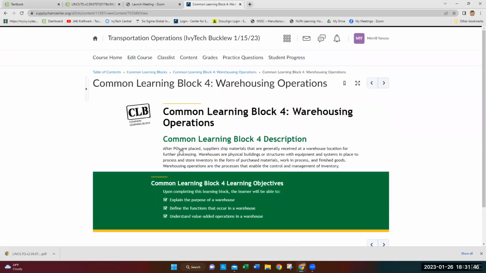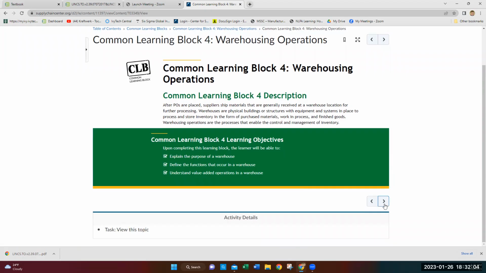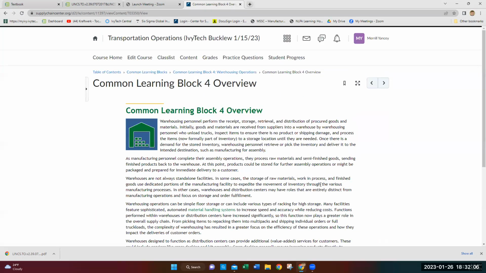Warehouse operations. So if you took the Introduction to Logistics course, Logistics 127, you have already got a certification that gives you the depth and the knowledge about warehouse operations. And looking at what's entailed in our learning here today, it's talking about the warehouse personnel performing the receipt, storage, retrieval, and distribution of procured goods and materials.